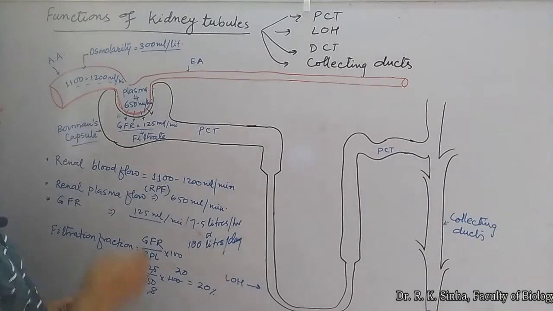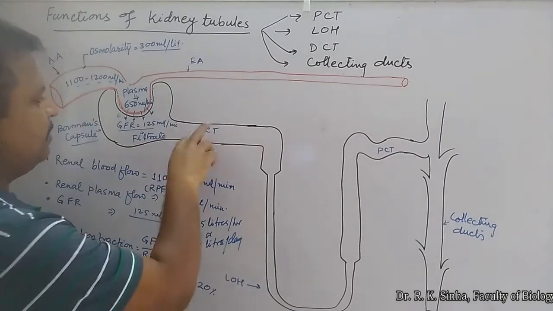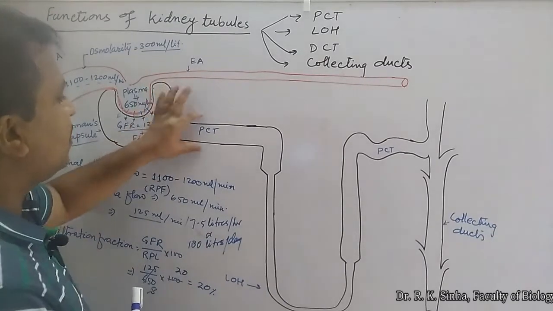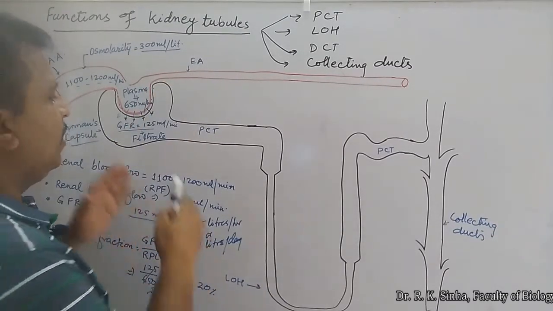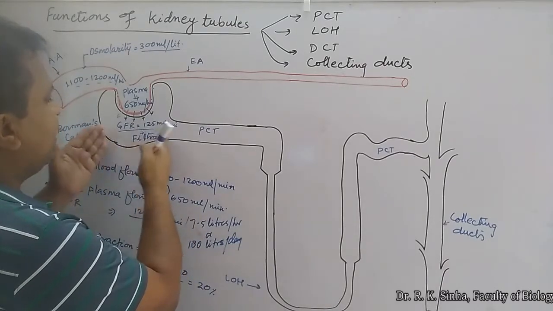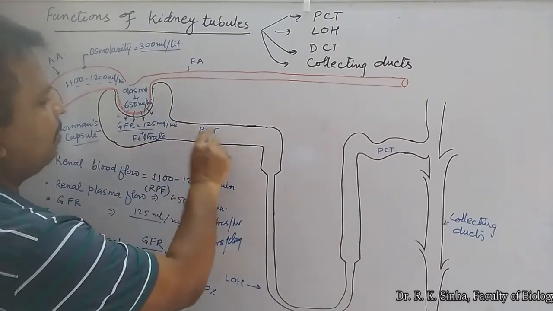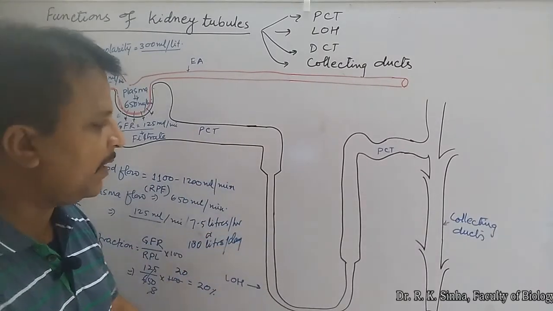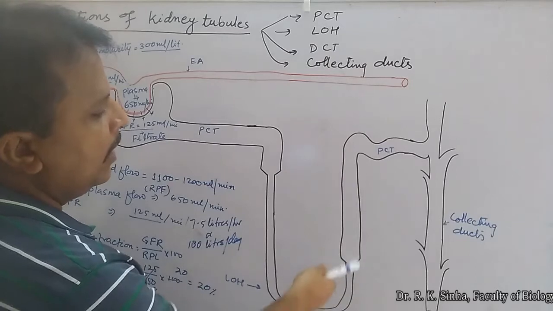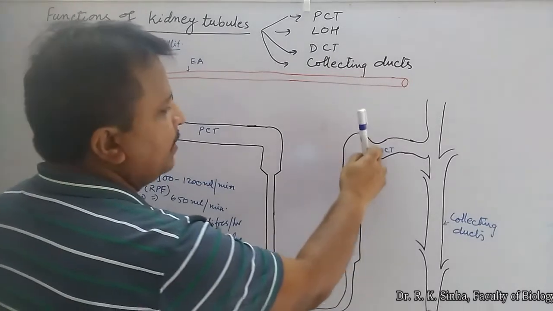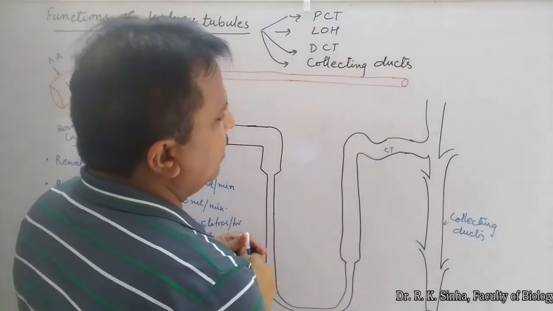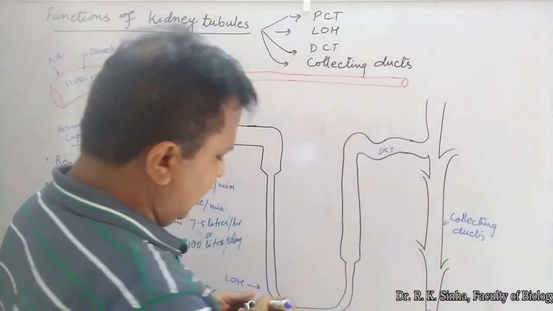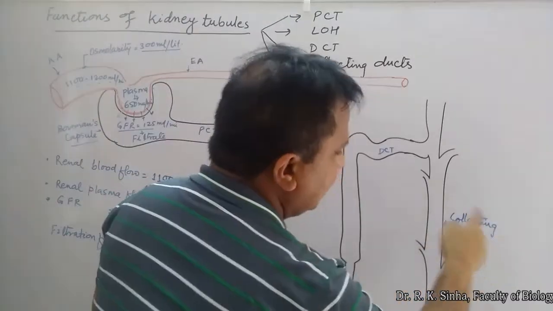Now this filtrate will pass into the PCT. What is the role of the PCT? What is the function of the proximal convoluted tubule? What will be the fate of this filtrate when it passes through the proximal convoluted tubule, the loop of Henle, and the DCT? And what will be the fate of that filtrate when it passes through the collecting tubules?